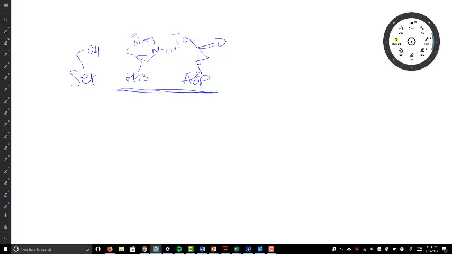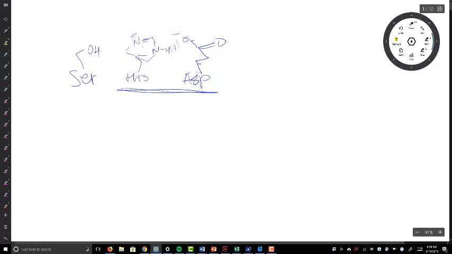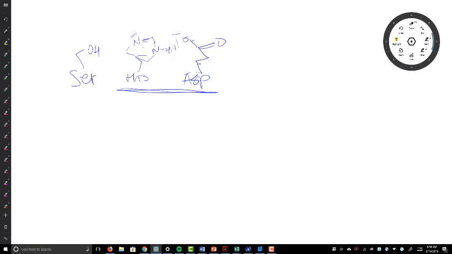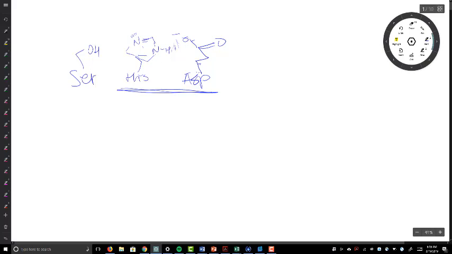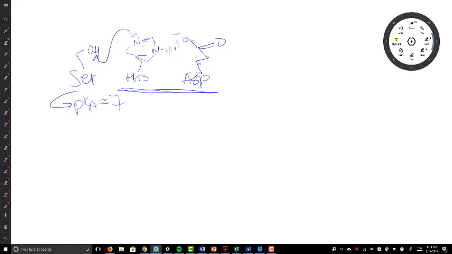When that oxygen is pulling that proton away, it's concentrating those electrons onto the ring, and so it's going to want to give away some of that electron density. That's how the lone pair nitrogen electrons are going to be able to deprotonate serine. And again, remember, this is a special serine where the pKa is approximately around 7, almost like that of histidine.